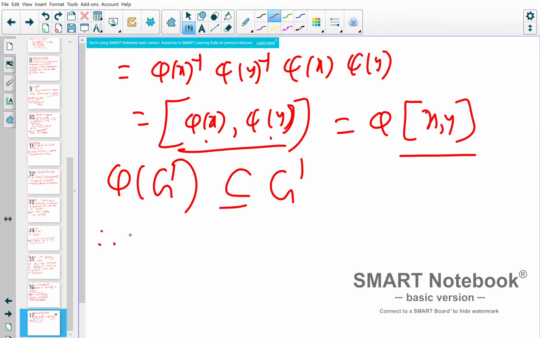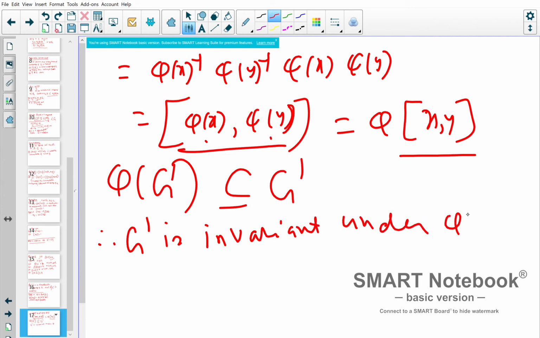Thus G dash is invariant under any automorphism, so G dash is a characteristic subgroup of G.